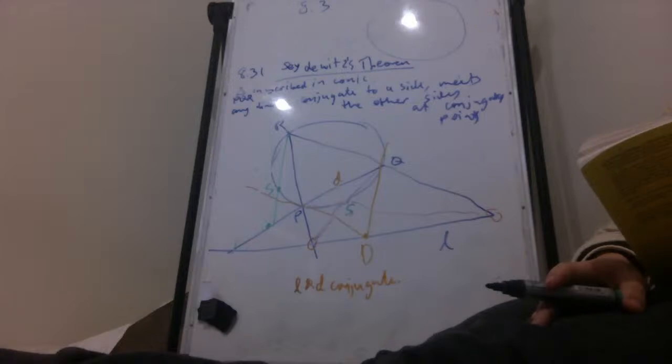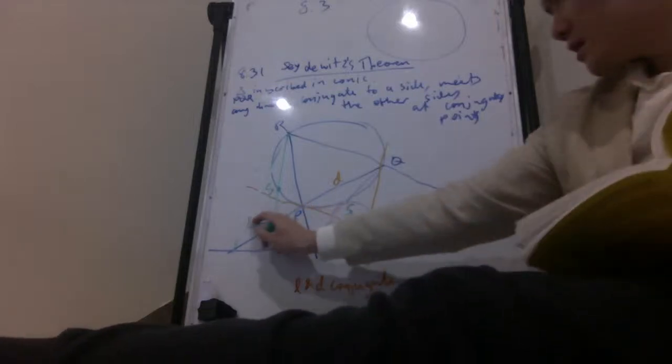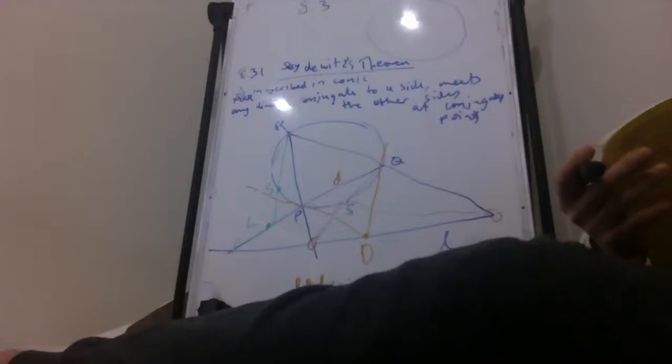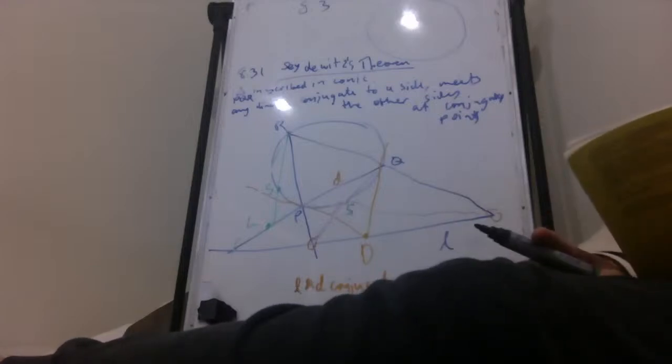Okay, so I guess it's clear that this capital L is a diagonal point.